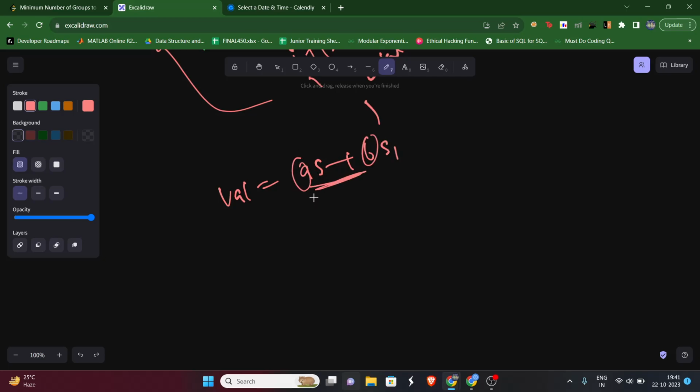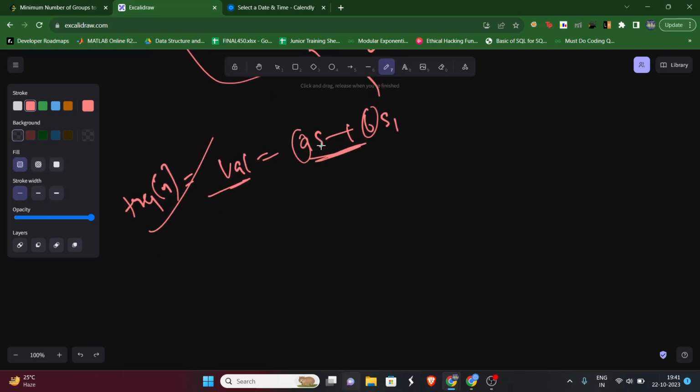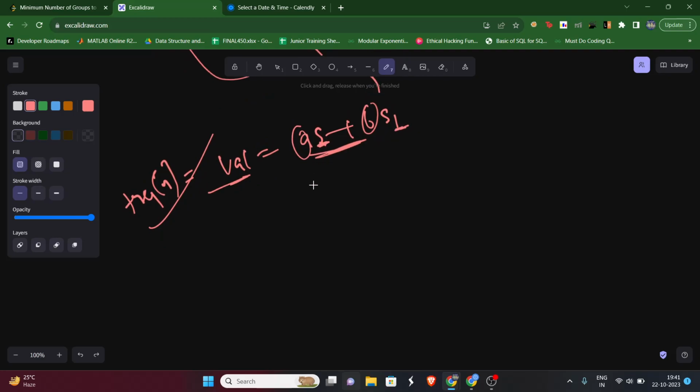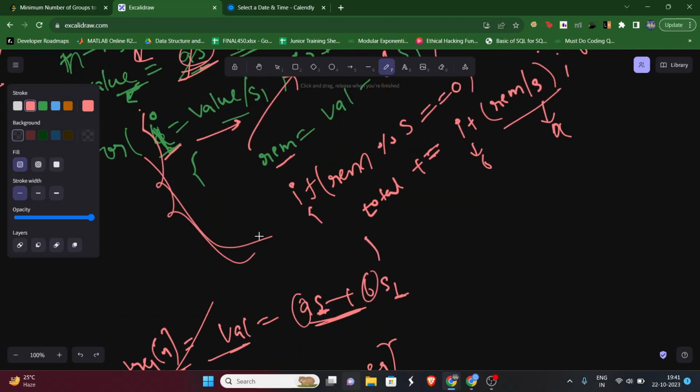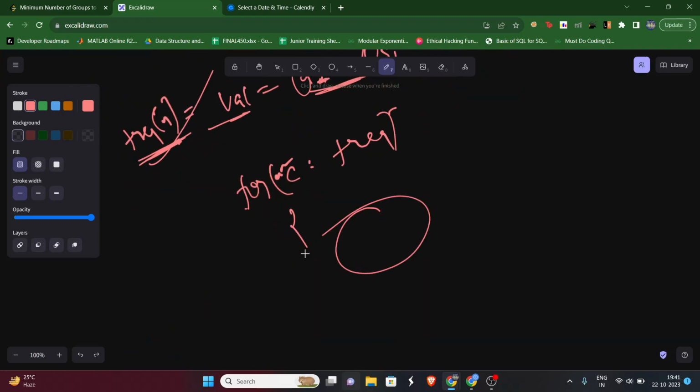Now we also have to check what the values of s and s1 can be. Once we have the frequency calculated, we can run a loop over the frequency, for auto c in frequency, calculate the value of a plus b, and add the total groups over here.